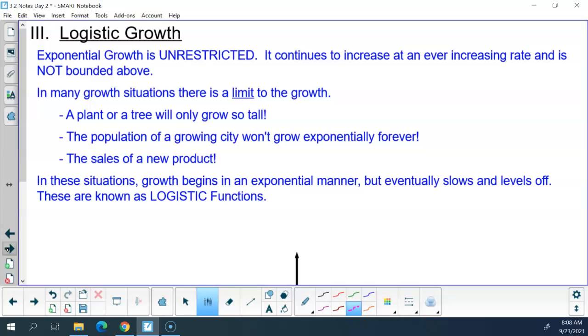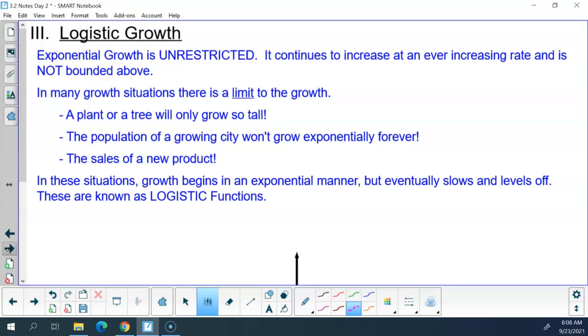We're going to end up with no space for anybody. We're not going to be able to add people into the room anymore. So there's a limit to the amount of people we can fit in this room. A plant or a tree will only grow so tall. Population of a city won't grow exponentially forever. Sales of a new product will end up tapering off as we go along.